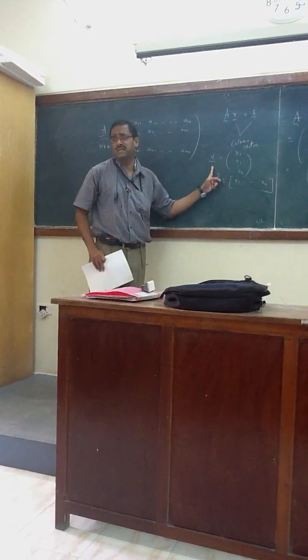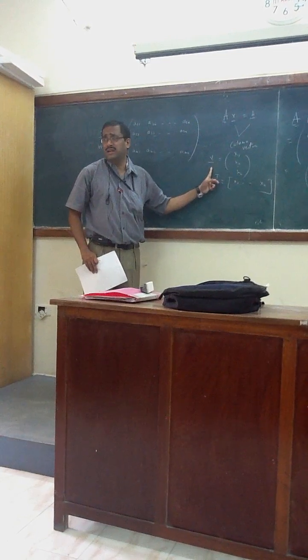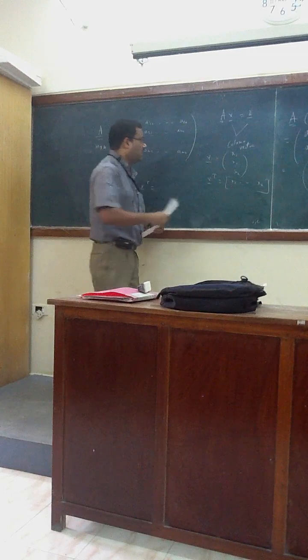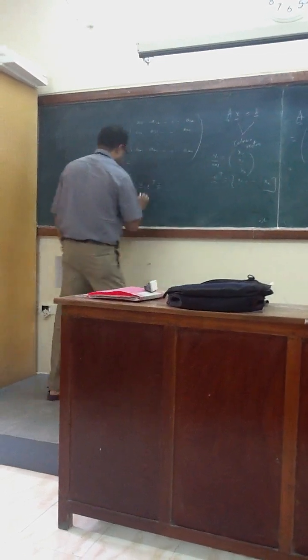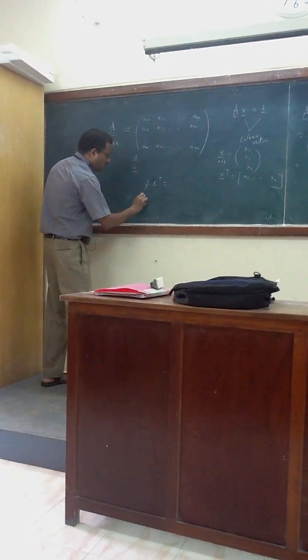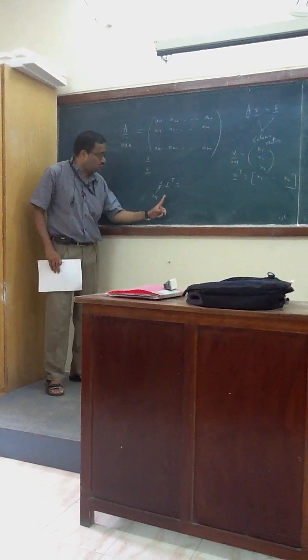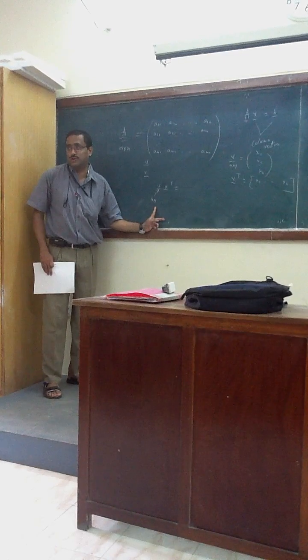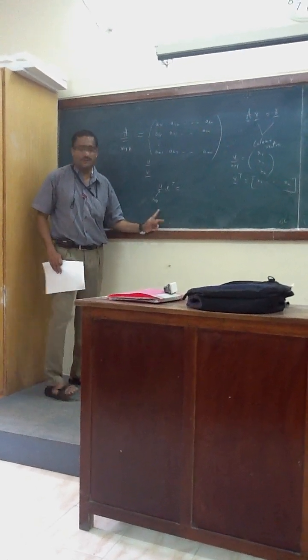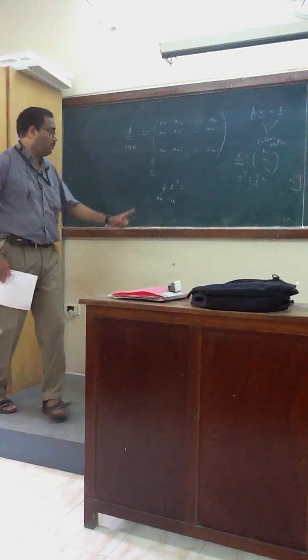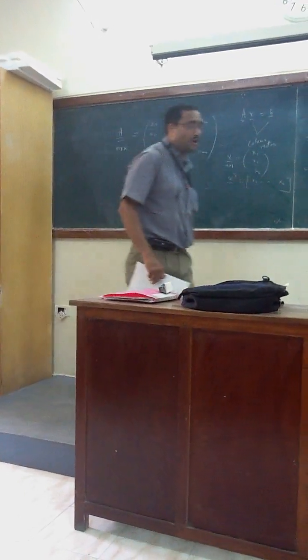It is n rows, 1 column. N by 1. And it has to be compatible to multiply. The number of rows should match the number of columns. Otherwise we cannot. So it has to be 1 by n. It cannot be n by 1. If it is, you cannot multiply.